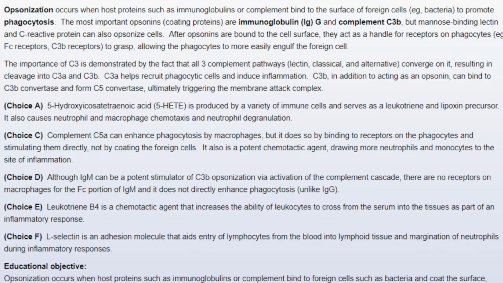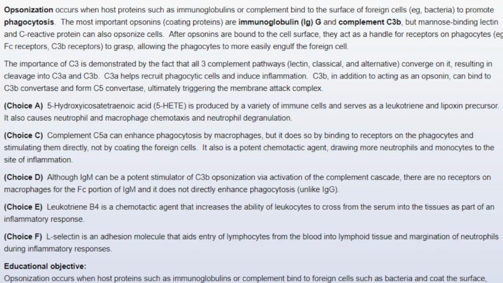The importance of C3 is demonstrated by the fact that all three complement pathways, the lectin, the classical, and the alternative, converge on it. So all three different pathways get into complement C3, resulting in cleavage into C3a and C3b. C3a helps to recruit phagocytic cells and induce inflammation.